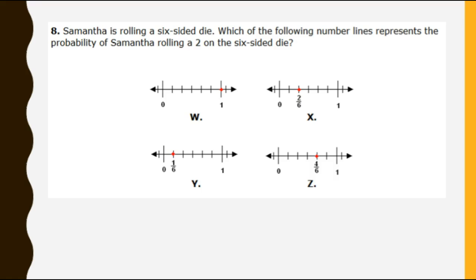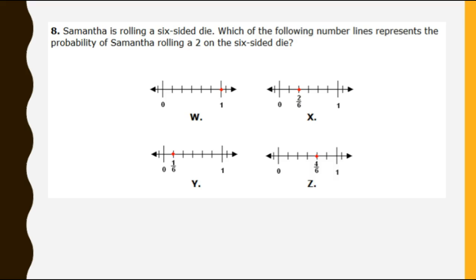Let's look at this example. This is from Study Island. So Samantha is rolling a 6-sided die. Which of the following number lines represent the probability of Samantha rolling a 2 on a 6-sided die? Well, we know from our previous example, from our number cube with 6 sides, that there was only 1 4, and so we also know that there's only 1 2.